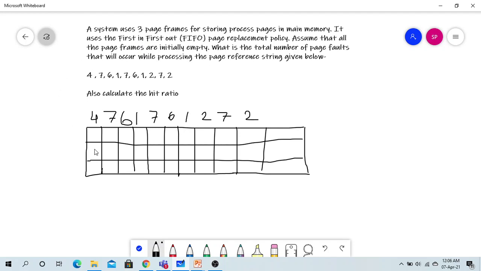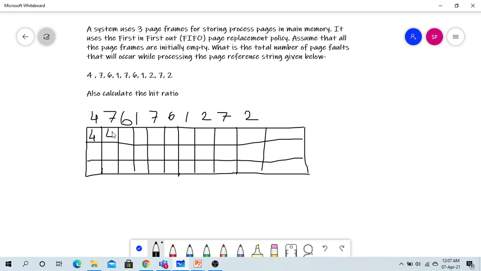Initially the memory is empty. The first page is page number 4, which will be allocated in frame 1. Next, there are 2 frames which are empty. The next page is page number 7.